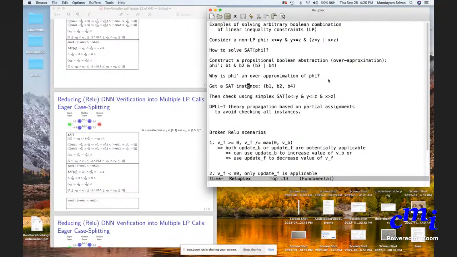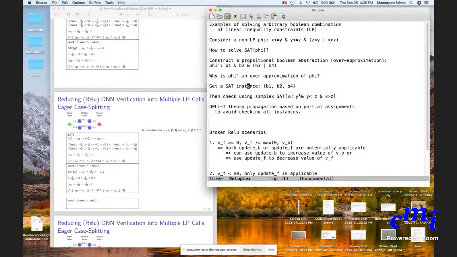Reluplex kind of uses this concept of constructing an over approximation of your original formula that encodes the DNN behavior, but in a slightly different way, so that you can delay this k-splitting as much as possible, and see if you can get a solution even without k-splitting.